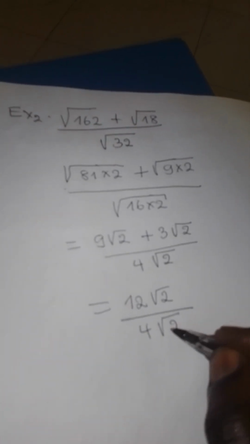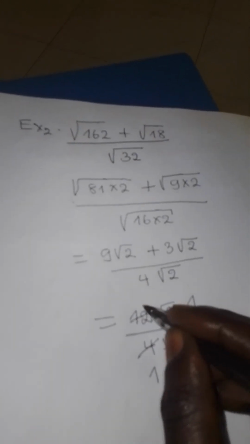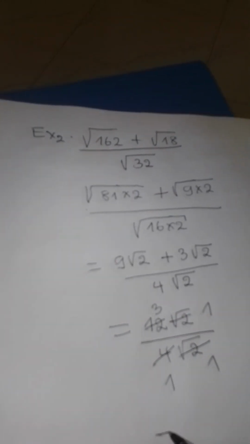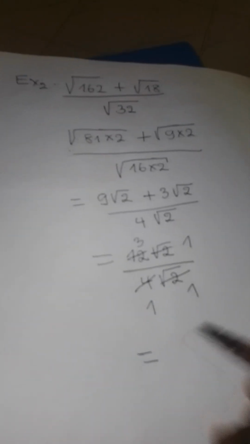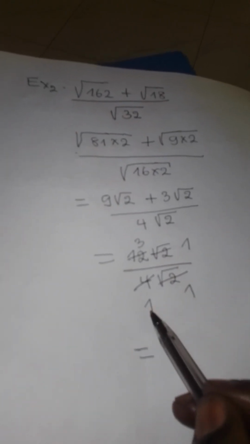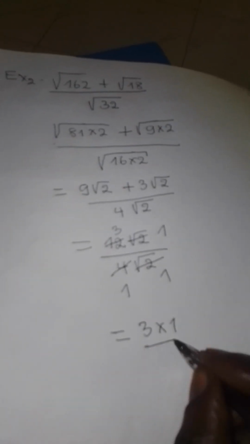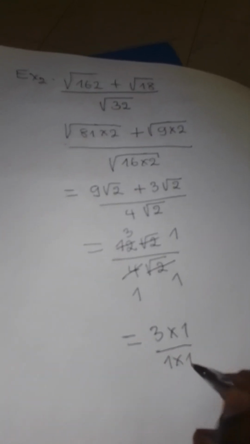Now we can simplify by root 2, 1, by root 2, 1, by 4, 1, by 4, 3. Now the answer here is equal to 3 because it is 3 times 1 over 1 times 1.